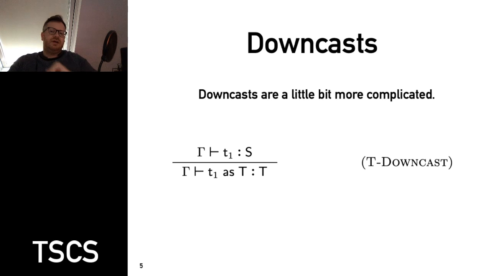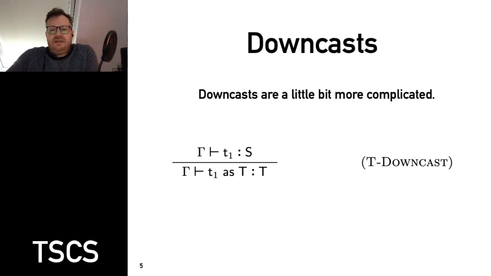Downcasts are a little bit more complicated. You also know this from Java. When you do a downcast, you may end up in a case where you cannot do the downcast, because your assumption that the object that comes into your function is of this particular type that you cast it down to is actually not valid. And this is the rule for downcasts.